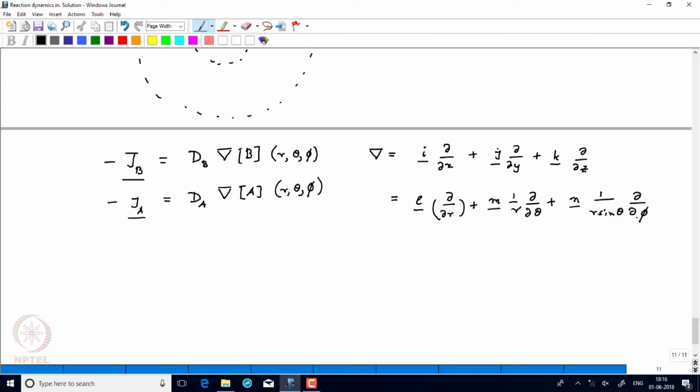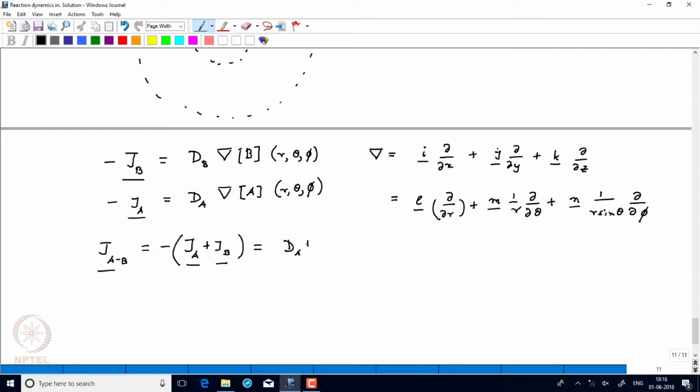Now, what I am saying here is that I have a flux of A molecules towards B and B molecules towards A. So, the net flux will be the addition of the two fluxes, and this net flux I am keeping positive. So I define the net flux not as J_A plus J_B, but as the negative of J_A plus J_B, so that I keep the net flux notation positive. So it will be very straightforward.